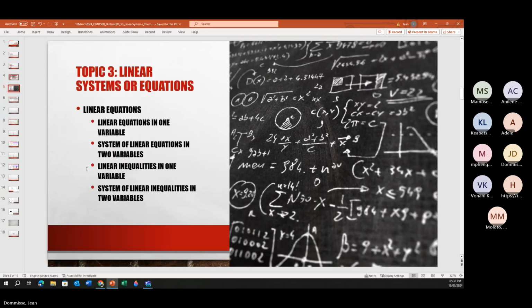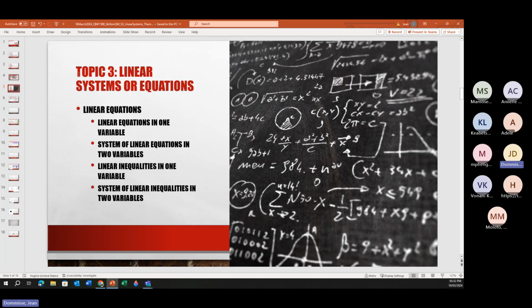Okay, so in the linear systems, or basically linear equations, we're going to look at a few things. First, linear equations where there's one variable, so basically something like 2x plus 3 is equal to 6.